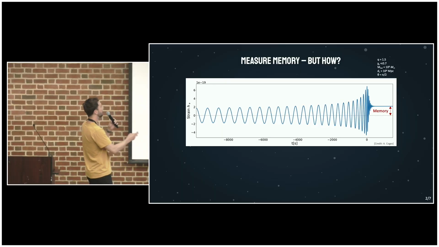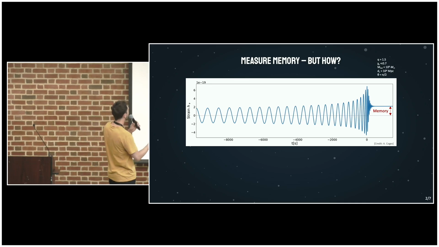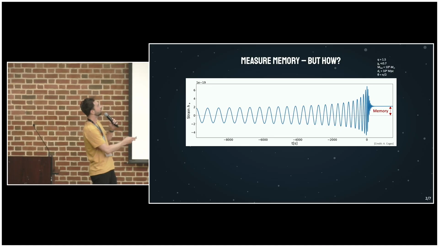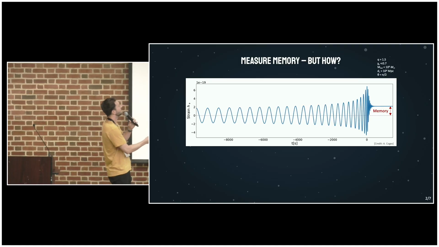Here you have a basic waveform of a binary black hole merger, a supermassive one. Just by looking at this waveform, you could think these are really good news, because memory, as you see, is in terms of amplitude quite a large effect. So you really see it by eye.